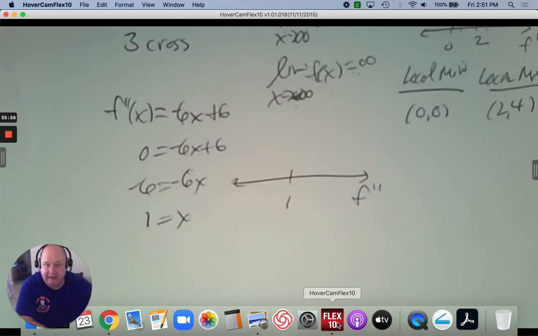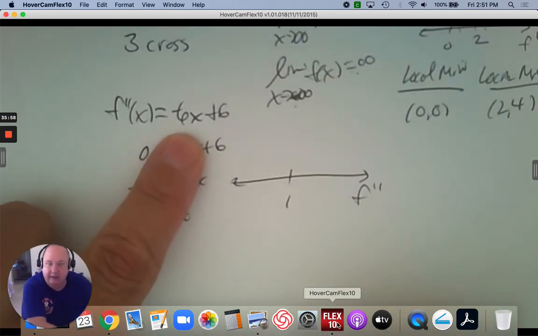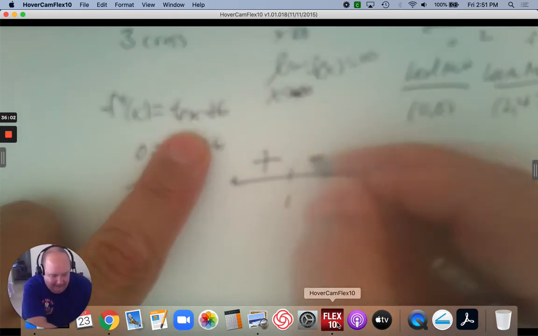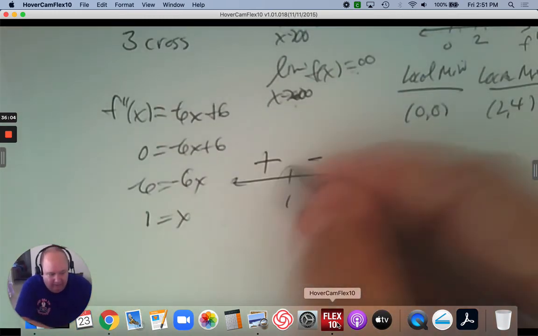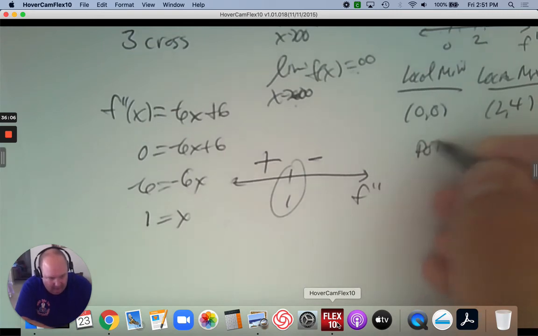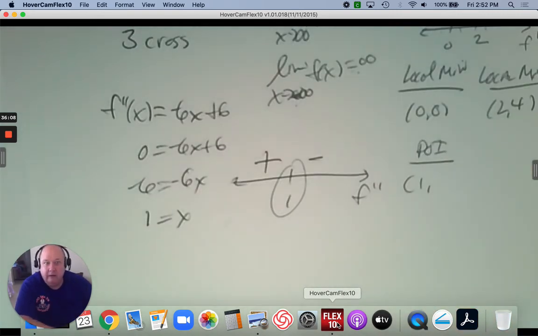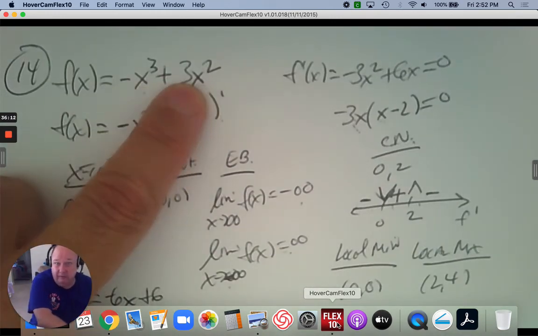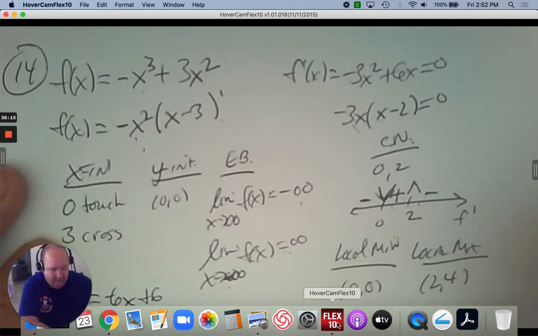So for the second derivative, if I plug in 0, I get positive. If I plug in 100 million, I get a negative answer. So we have a point of inflection at 1. Go back here. If you plug in positive 1, you get 3 take away 1, which is 2.